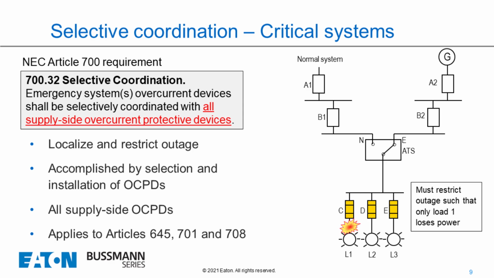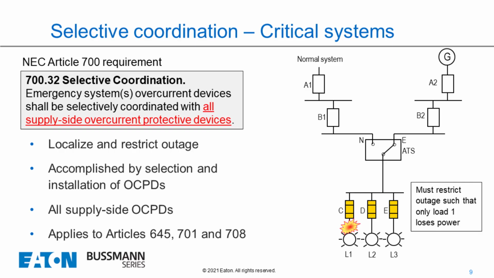All right, now we're done with elevators for right now. Let's look into selective coordination for emergency systems. Right, and so emergency systems, the definition in Article 700.32 states emergency systems, overcurrent devices shall be selectively coordinated with all supply side overcurrent protective devices. So that means all.